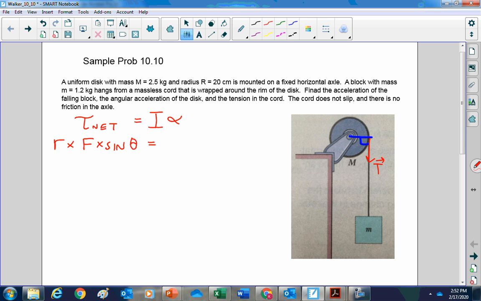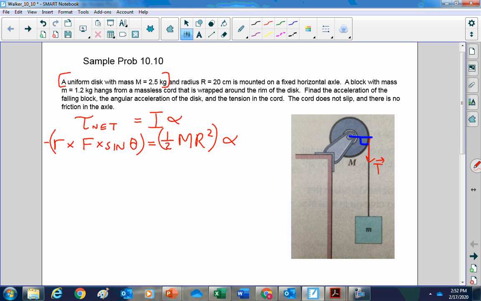And then if you look up the solid disk, its I value is 1/2 mass R squared. I'm going to use a capital M because that's what they're using in their picture, and a capital R, so that's what I is, and then alpha. Now I should clarify that all of this torque and rotation is negative because this is clockwise rotation.